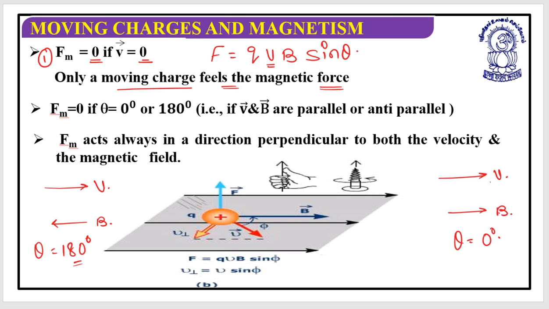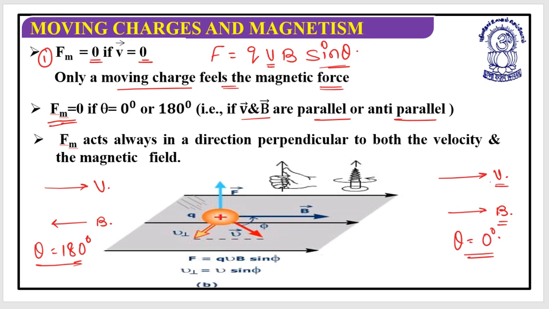So whether theta equals 0 degrees or 180 degrees, sin 0 or sin 180 would be 0. That means the magnetic force acting on the charge is 0 even though it is moving, because the velocity and magnetic field vectors are parallel or anti-parallel to each other. So if V and B are parallel or anti-parallel, the magnetic force would be equal to 0.